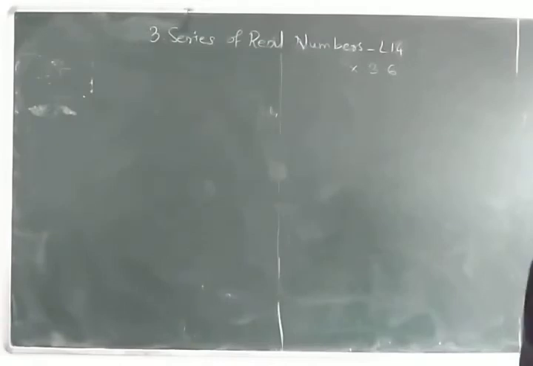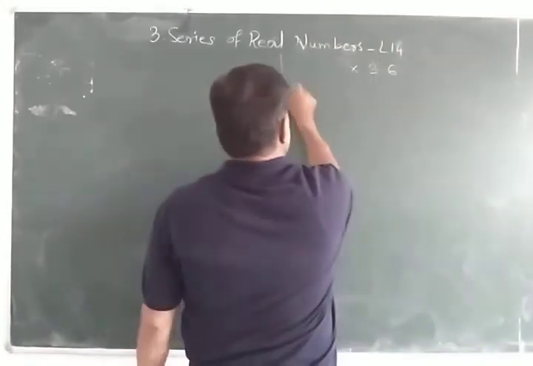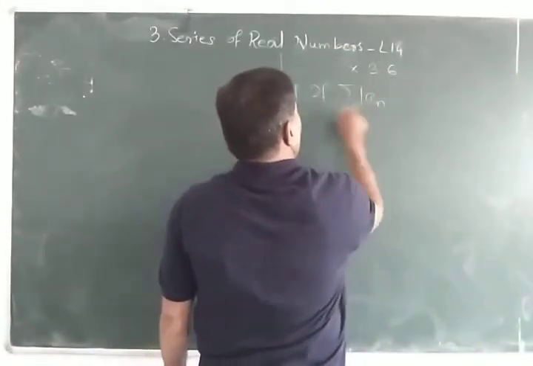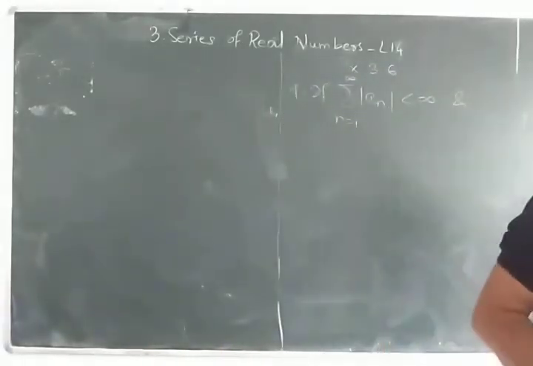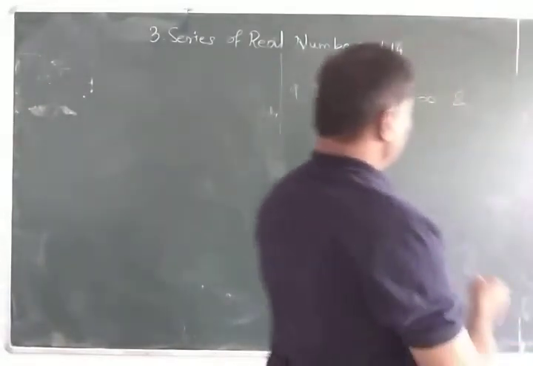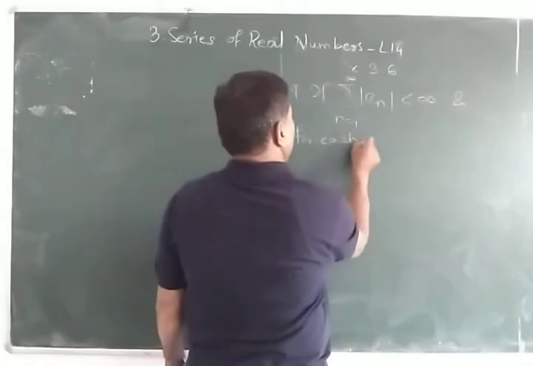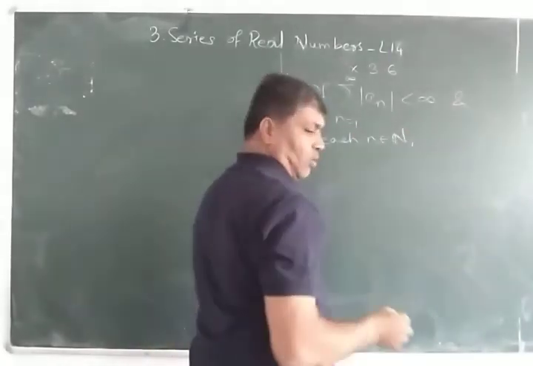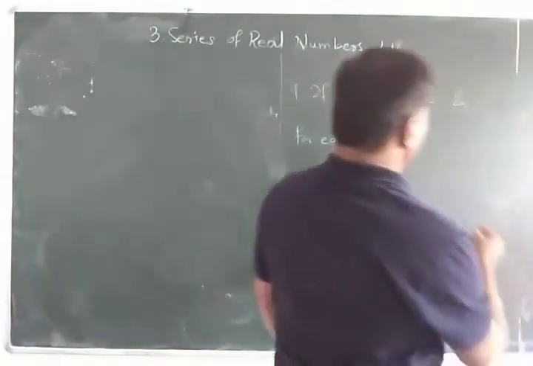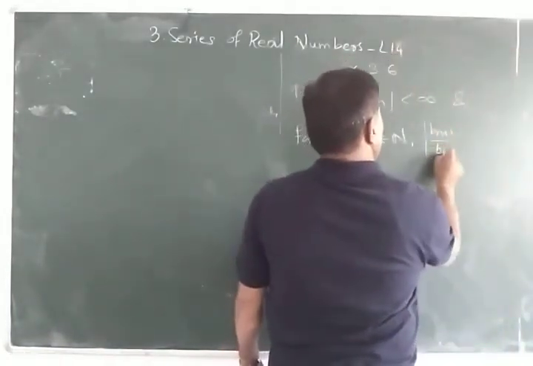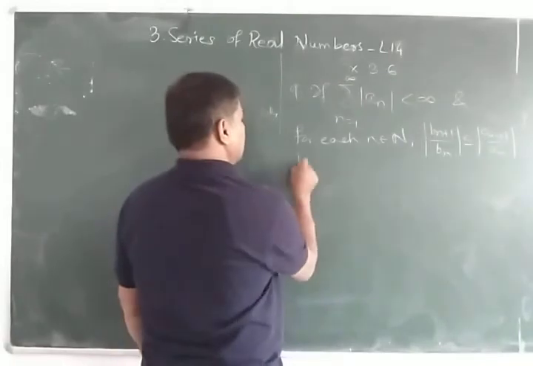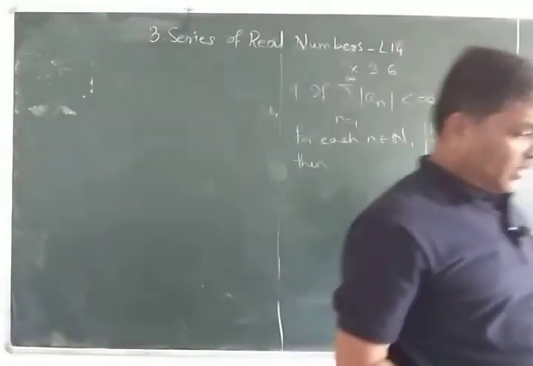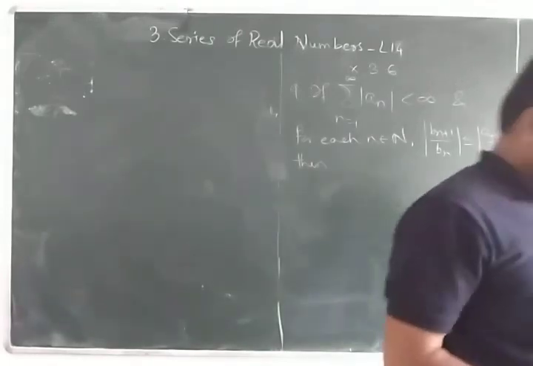Next example. If summation of mod an is less than infinity, meaning it is convergent, and for each n belonging to the set of natural numbers, mod of b(n plus 1) upon bn is less than or equal to mod of a(n plus 1) upon an, then summation of bn converges absolutely.